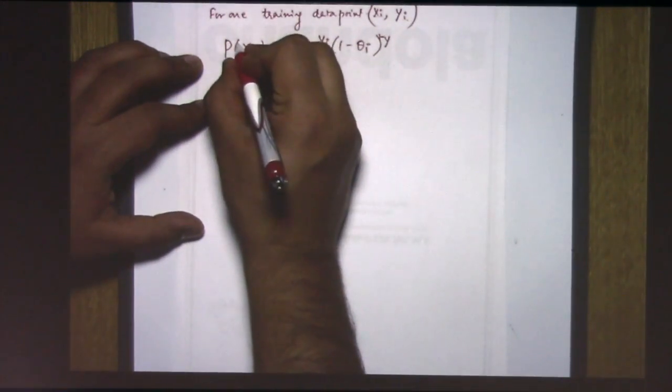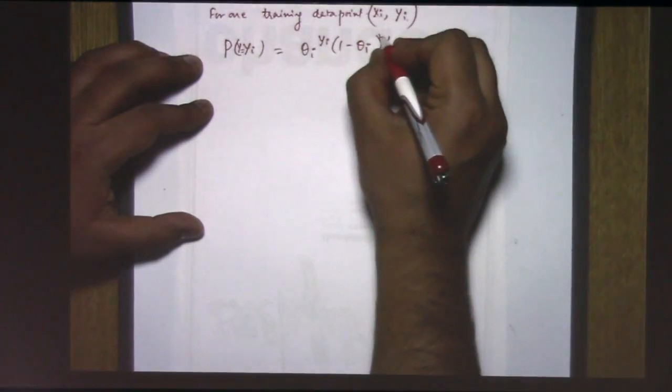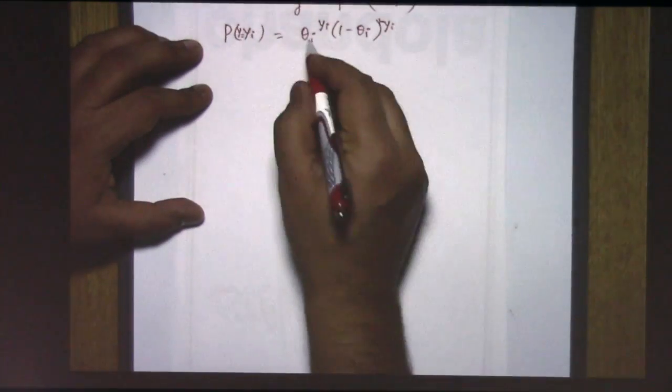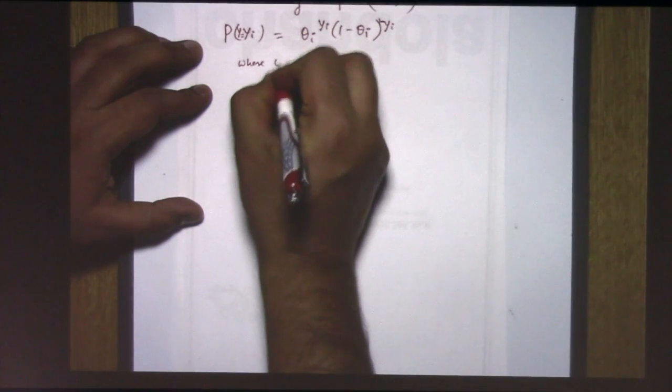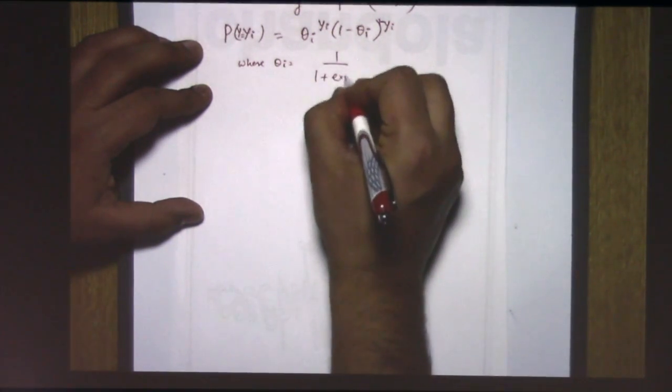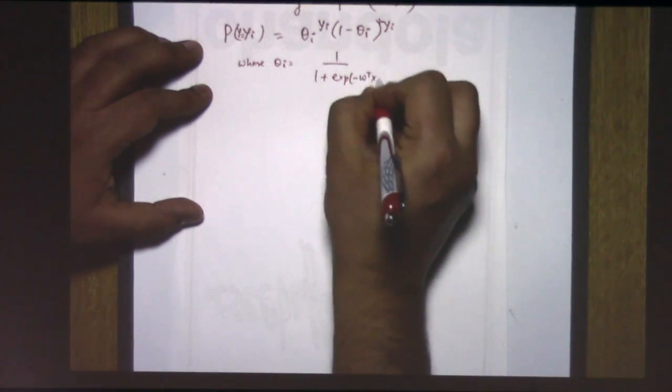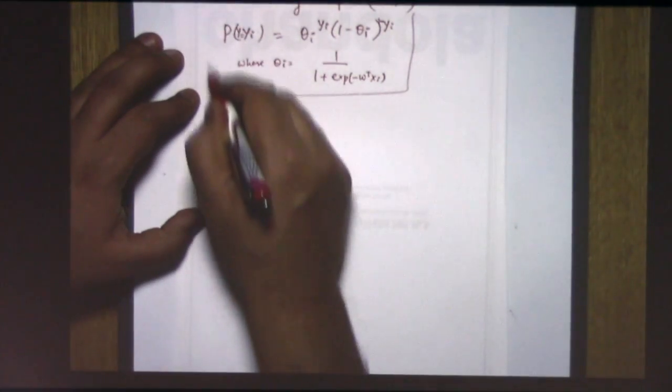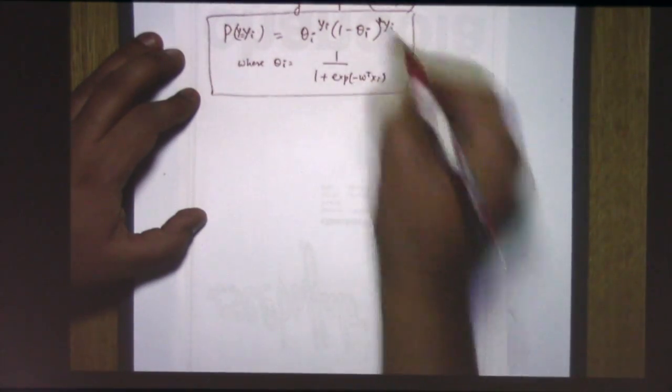Or this we can also write as probability of y equal to yi, right? Where theta I is 1 over 1 plus e power minus w transpose xi, right? So this is easy to see why this is so.